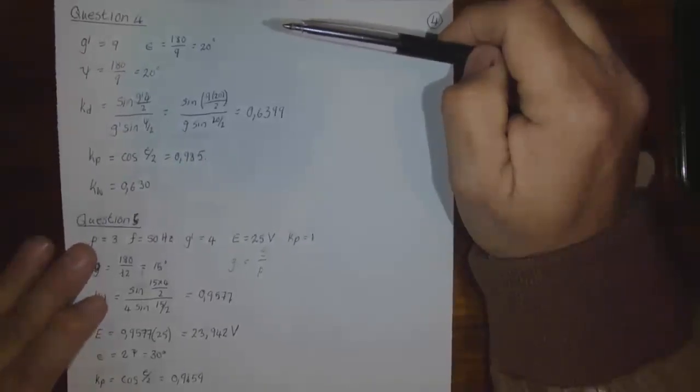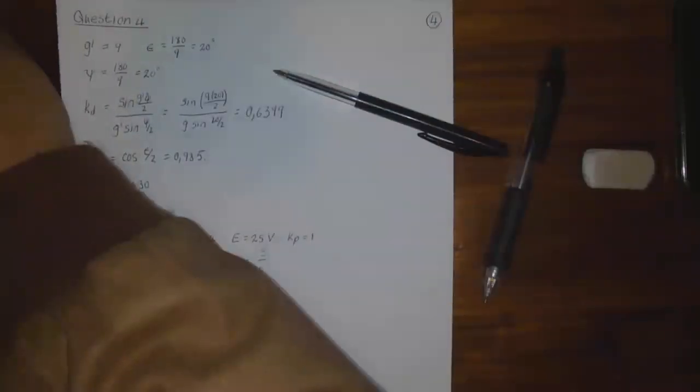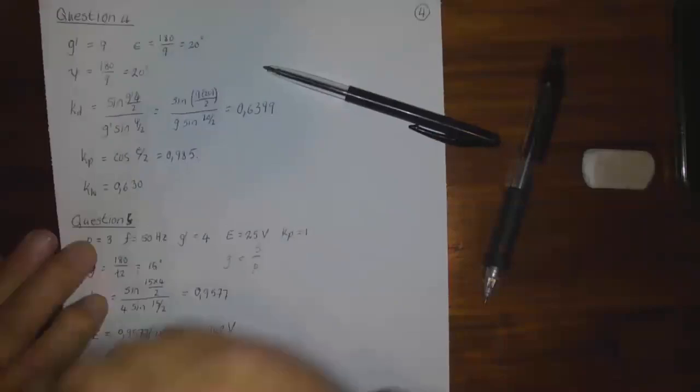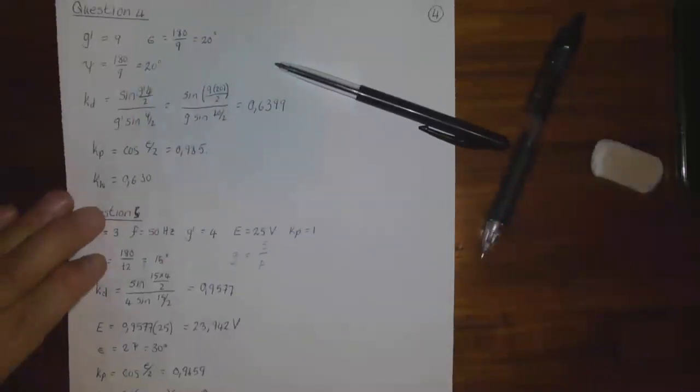Can you please rephrase what you just said? You said if you don't stipulate it, we regard it as a 3-phase. So did I say G dash is 9? No, you said 3 multiplied by 9.